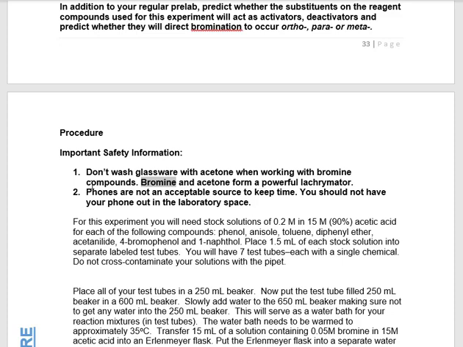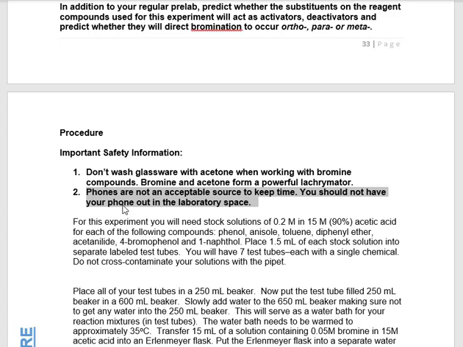Next up, phones. Here it says phones are not an acceptable source to keep time. Technically, they do allow you to keep time. You've got a stopwatch function. Most of you have smartphones, so they do have a stopwatch type function that allows you to keep track of time, but you don't want to do that because you're going to have gloves on, and you're going to have chemicals on those gloves.